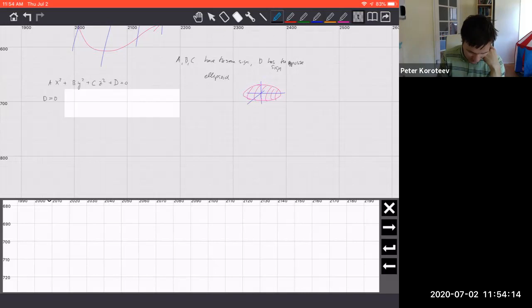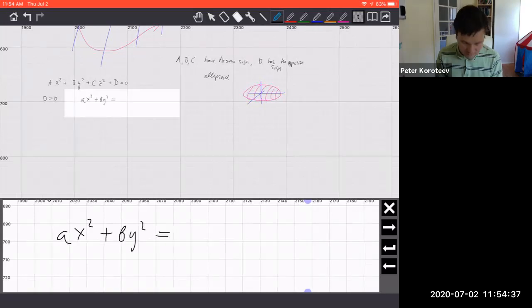But how about now we have something like x squared, so let me use the other notation. Let's say we have little a, assuming that little a is bigger than 0. So we have little a x squared plus little b y squared is equal to little c z squared, where they're all positive.